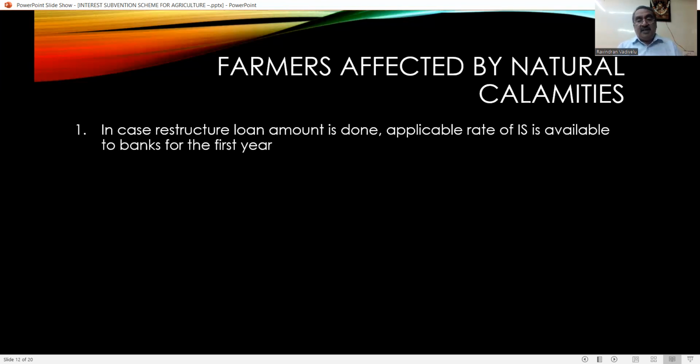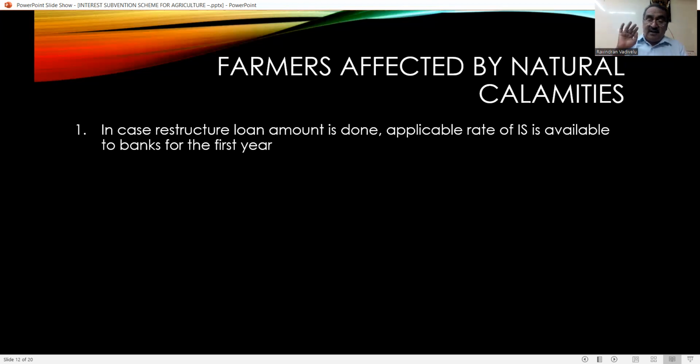Farmers are affected by natural calamities, some natural disaster, some due to season failure, monsoon failure, so there may be a lack of production of agricultural produce. In that case, bankers will restructure the loan as per the norms of the RBI.